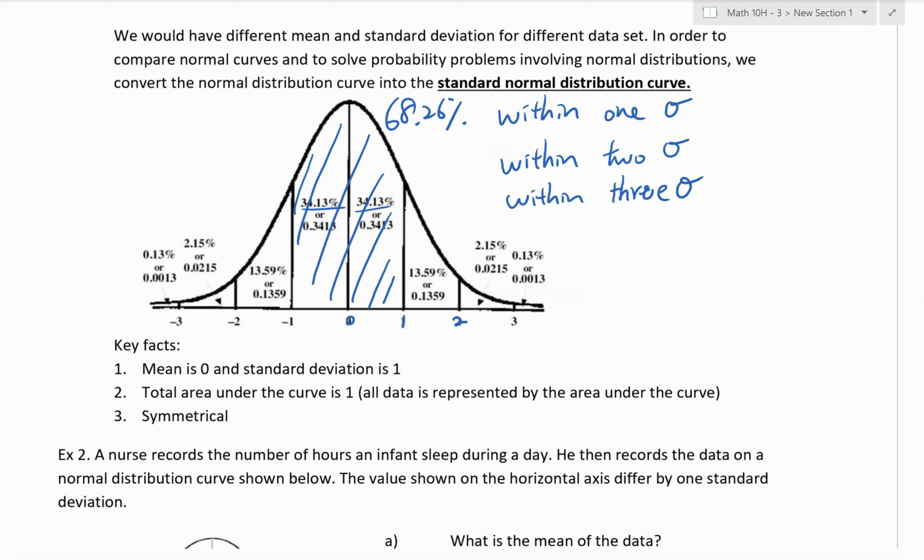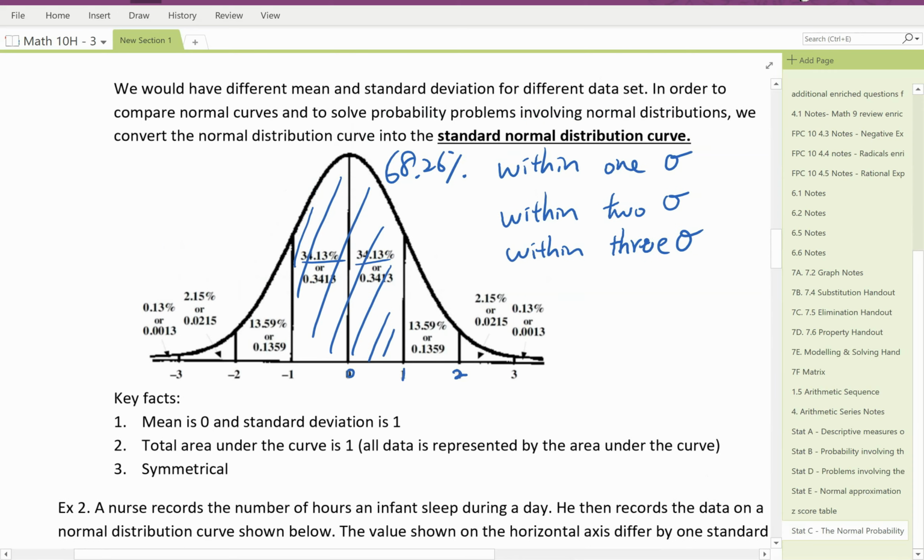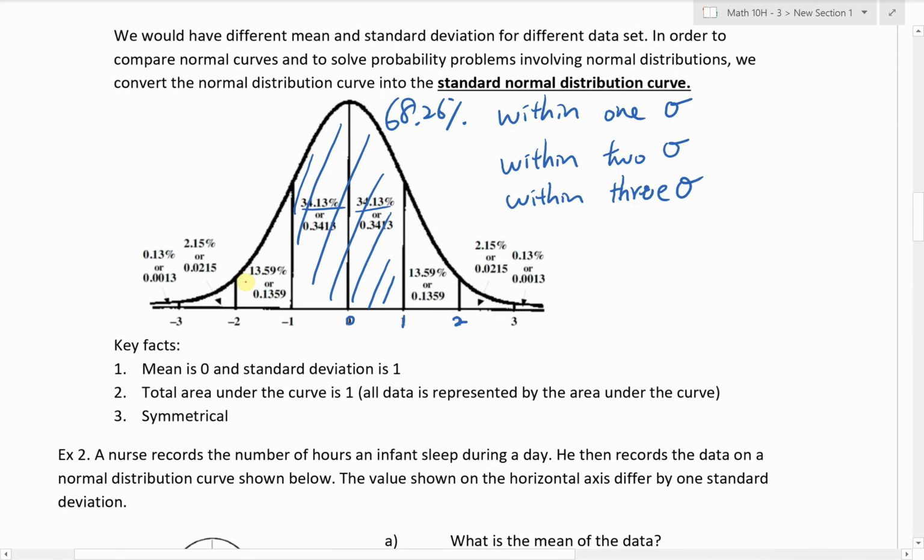So 2 standard deviations would be this portion, the blue part plus the extra red. That's 13.59, and there are two of them, added to 68.26. This is actually 95.44%. So within 2 standard deviations, it pretty much covers everything.